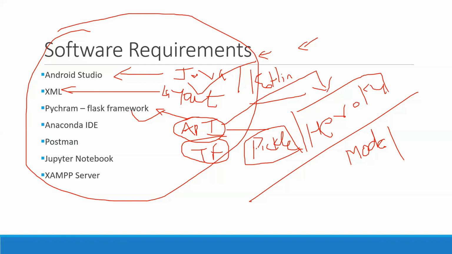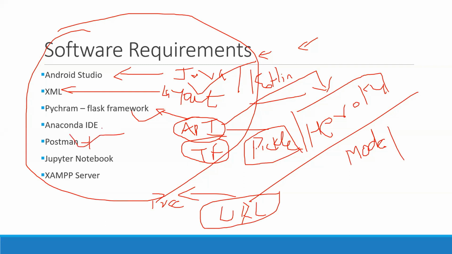When you deploy it on Heroku, the URL is essential for retrieving the prediction basically. We have already seen this in yesterday's session. If you want to test it with the help of Postman, you have to use Postman for the post values. Otherwise, with the help of this URL, the response will be in the form of JSON.